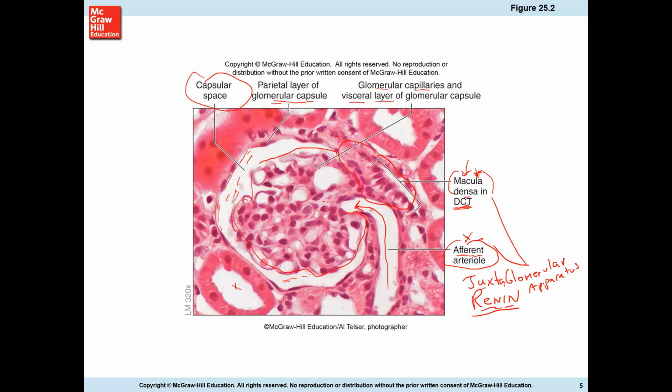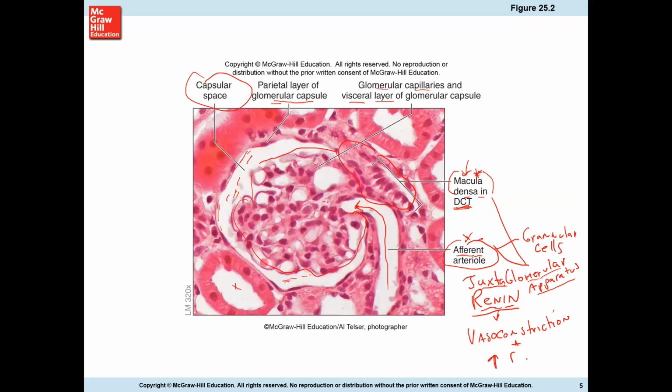And this is very sensitive to low blood pressure or change in blood pressure or sodium levels between the macula densa and the afferent arteriole granular cells. So if the blood pressure is low or the blood volume is low or the sodium levels are low, renin will be released to ultimately cause vasoconstriction and increase blood pressure.